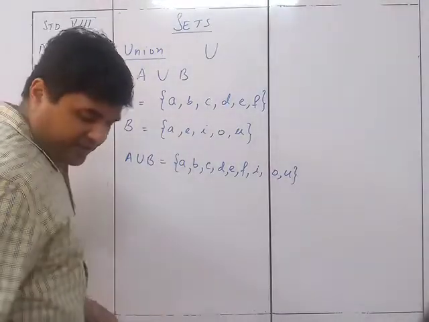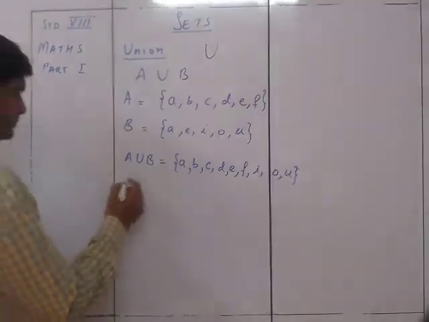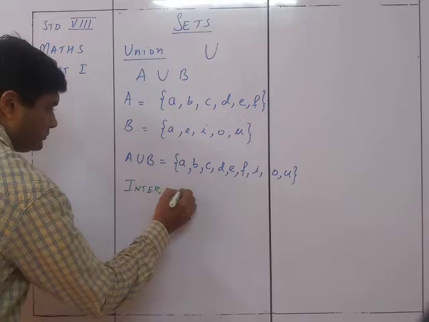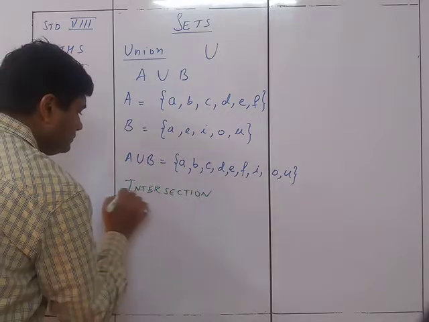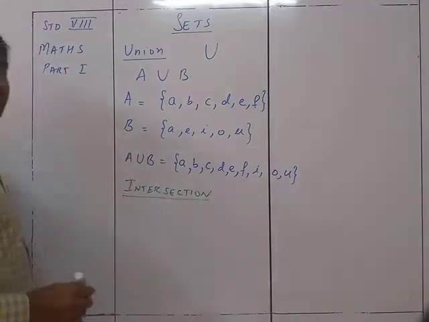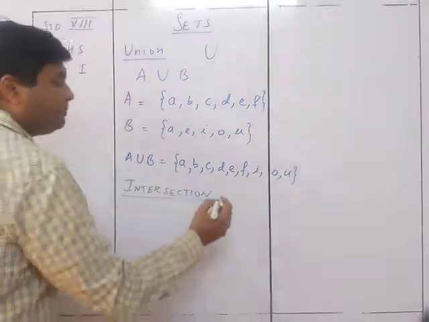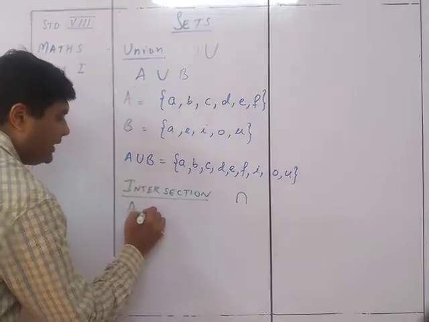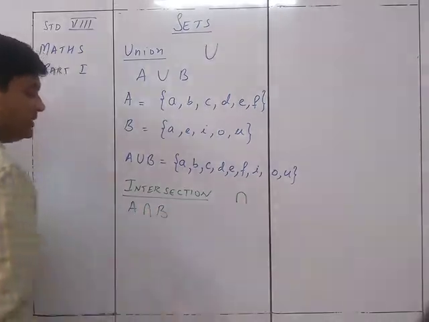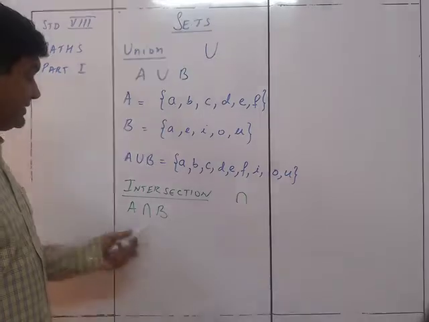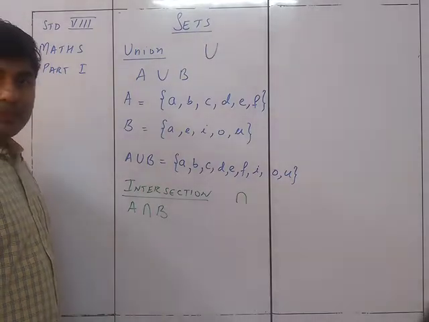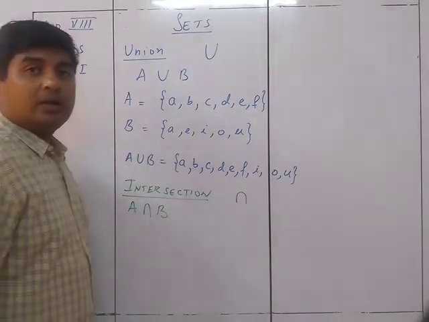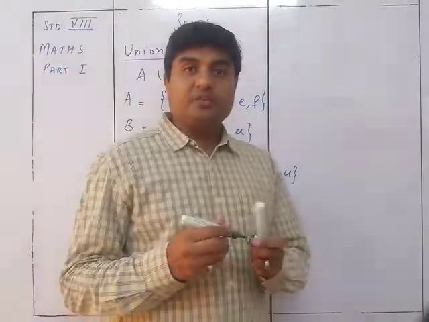The next one we see is intersection. Intersection is denoted by an inverted U. So it is always written as A intersection B this way. We know what intersection means.